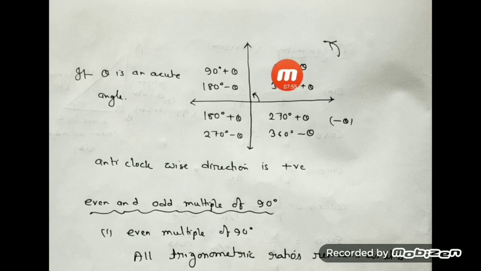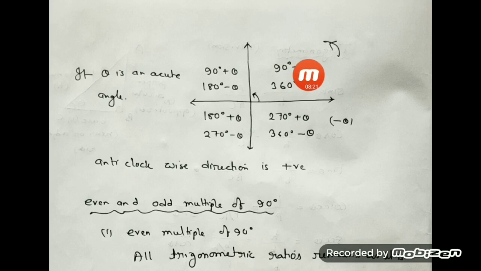And also, you know, in a quadrant, the value is equal to what? These are perpendicular, so the value is equal to 90. If from this to this you go, this is your 90 degree. So if I have an angle 90 degree minus theta, then obviously it will lie in the first quadrant. For example, suppose you take theta as 30 degree. Then 90 minus 30 will be equal to 60, and 60 will be present here.